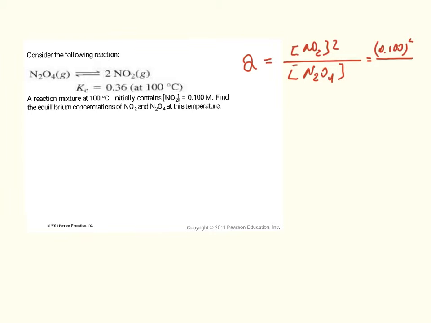Initial concentration of dinitrogen tetroxide is 0, and we know that division by 0 gives us infinite. So quotient in this case greater than equilibrium constant.